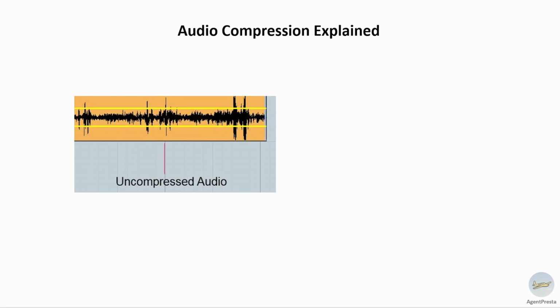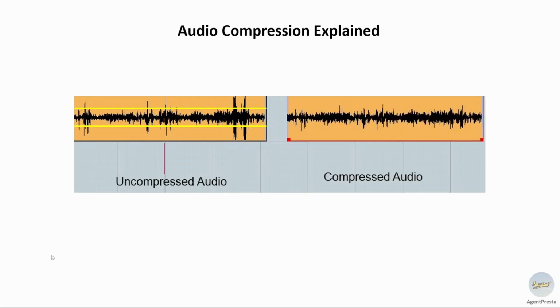So what we're trying to do with compression is to normalize the volume. You might set a threshold and say anything that's above, or outside of, this threshold, we want to compress. With that, you would end up getting a compressed audio signal that might look something like this. The peaks have been shrunken down.